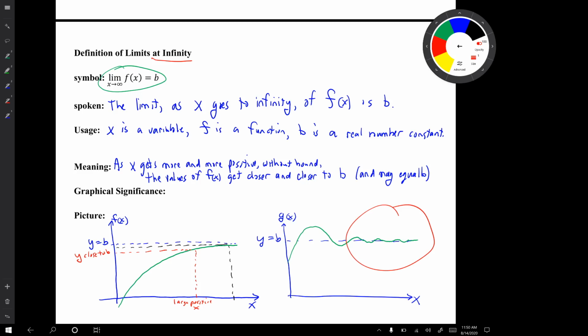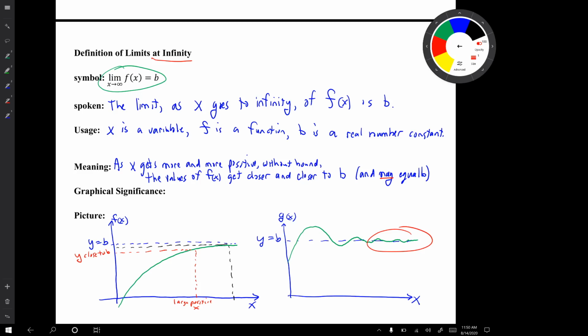In other words, the graph crosses this dotted line over and over again. Each time it crosses, it remains a little bit closer to the dotted line. So that's what I mean by the y values may, in fact, even equal b. They don't have to stay equal to b, but they have to remain closer and closer to b.